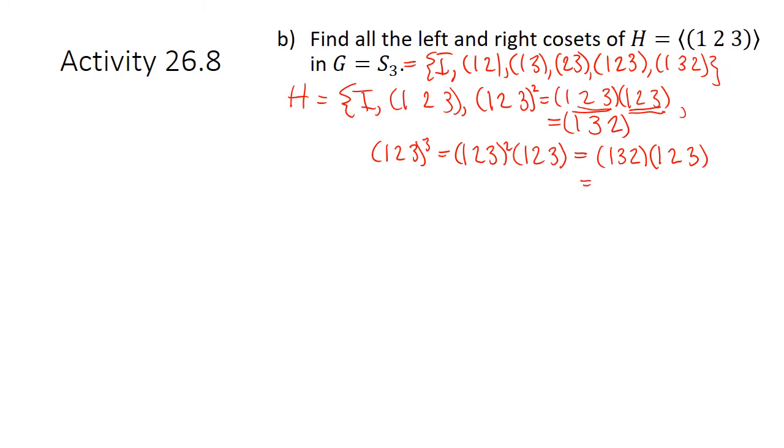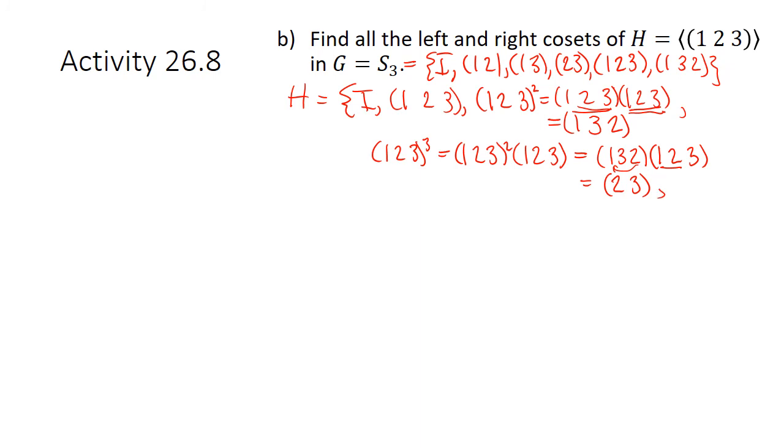So what is that? 1 gets moved to 2, and then 2 gets moved back to 1. So that doesn't move 1 at all, and the only element that doesn't move 1 is the cycle (2 3). Okay, well I got 4 elements here, so let me just keep going.